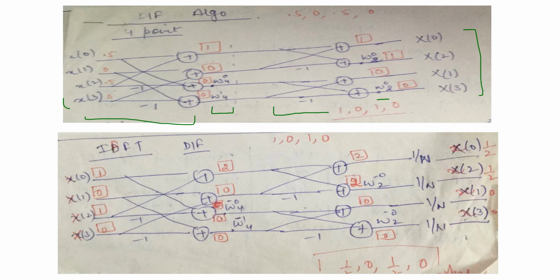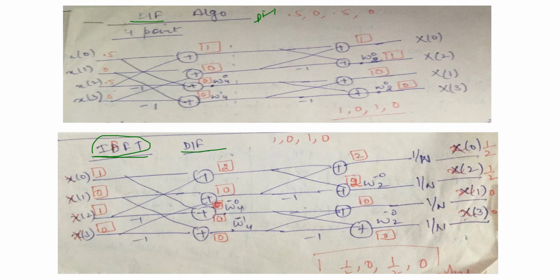Now we will explain the difference between 4-point DIF algorithm and 4-point IDFT algorithm. It is also 4-point DIF, but whether it is the simple DFT algorithm or the IDFT algorithm, inverse.